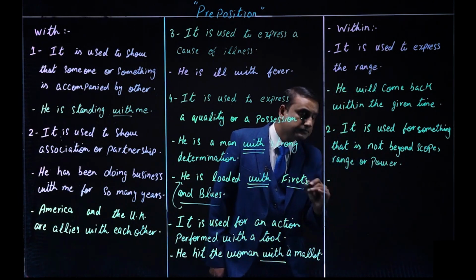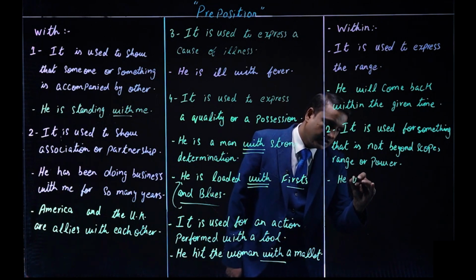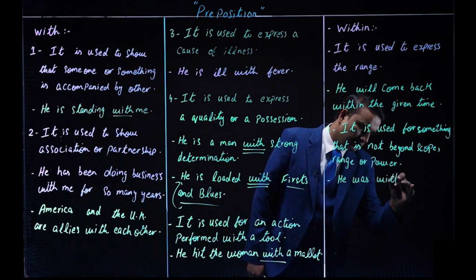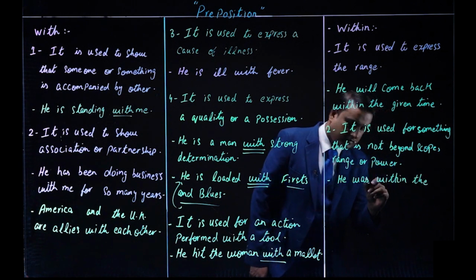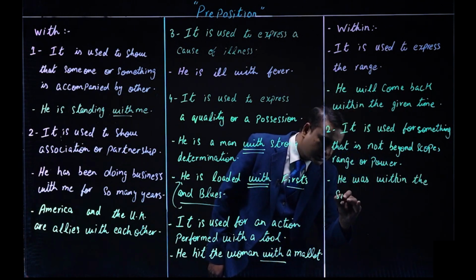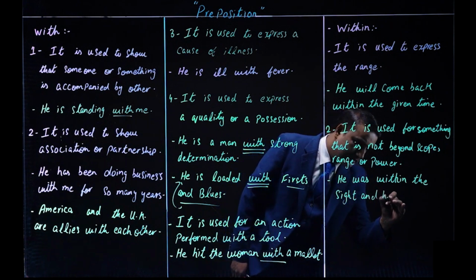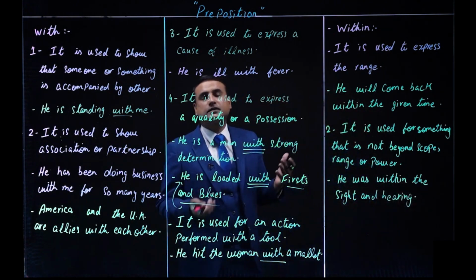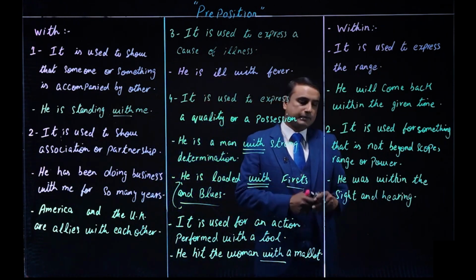For example, he was within the sight and hearing. कि वो भी इतना दूर नहीं जा सका था कि जहाँ मैं उसे सुन ना पाऊँ या जहाँ मैं उसे देख ना पाऊँ.